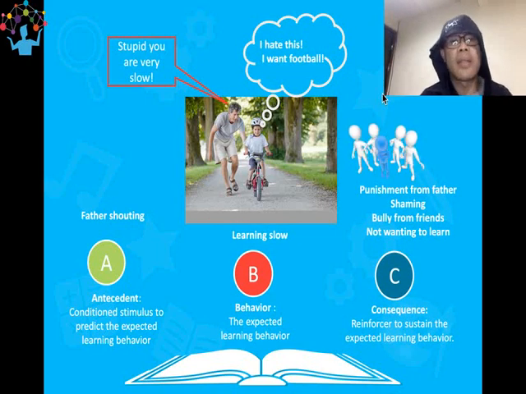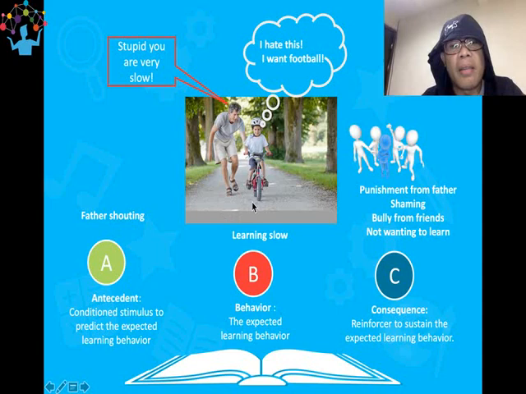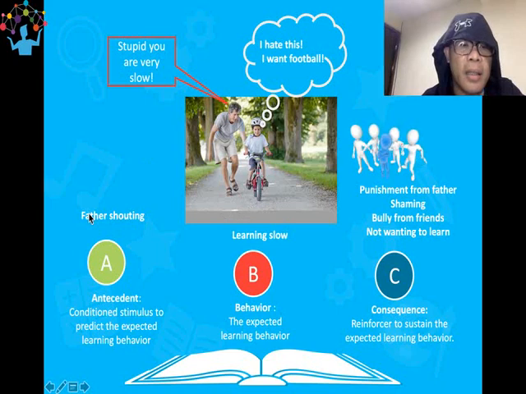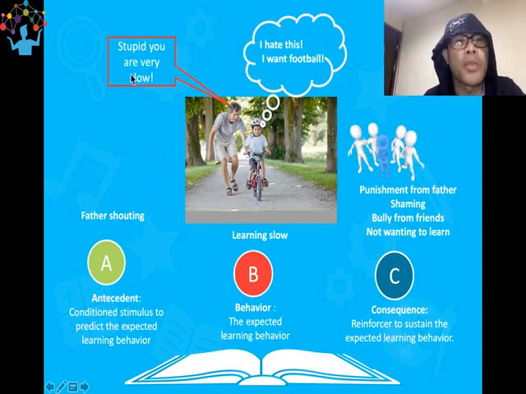The next one is the other side. What makes the learning of biking slow? Again, look at the antecedent and look at the consequence. For example, the antecedent is a father who is very, very strict, very demanding, always shouting, for example, "Stupid, you're very slow." And afterwards, after the training, the father will punish the child, his son, and shame him.